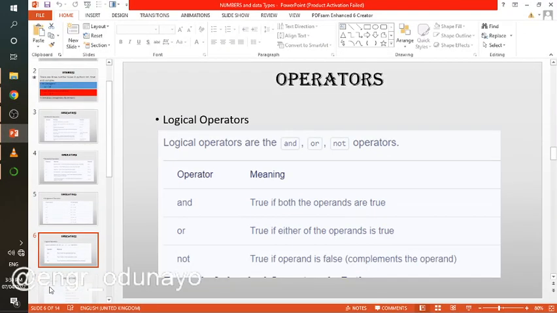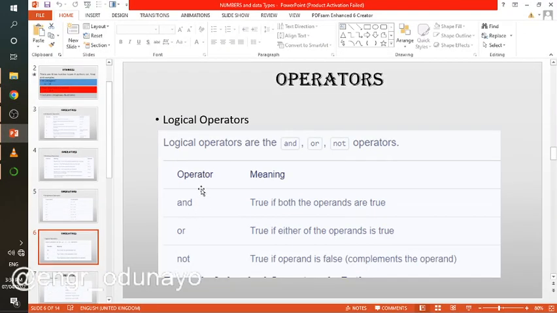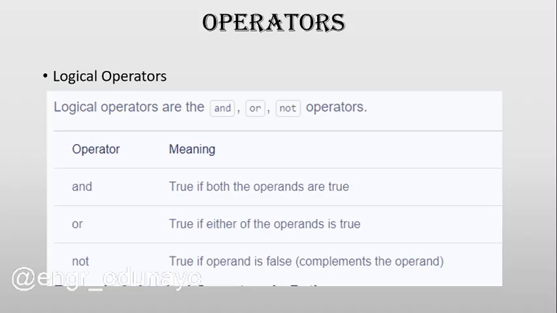So let's check the next part of operators. Okay, so in the logical operators, we have 3 types of logical operators. That's the and, or, and the not. What the and does is this: it will check if both operands are true and return a true.